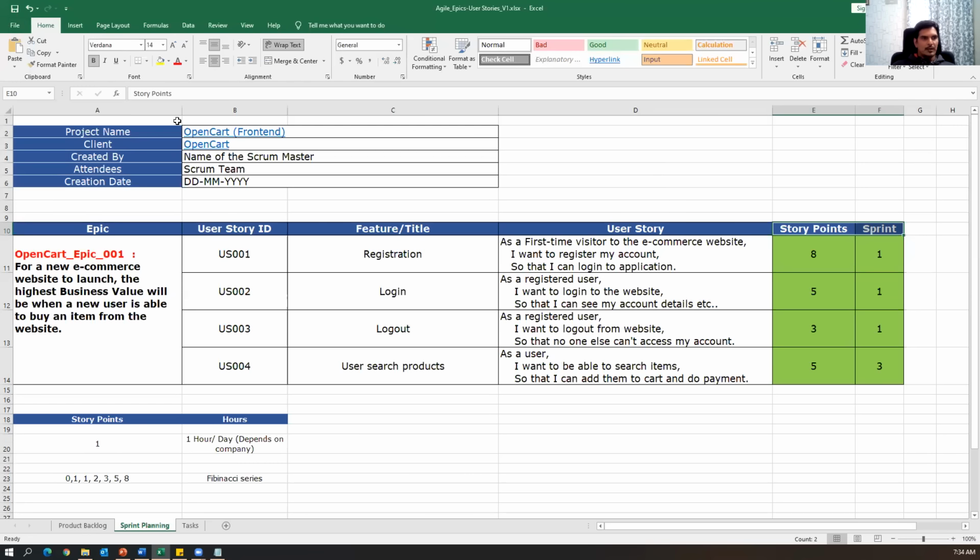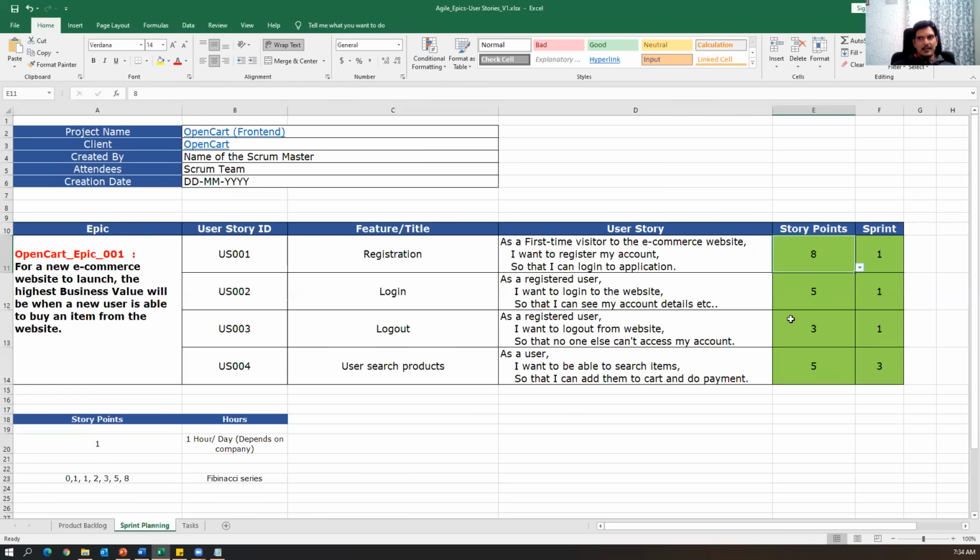So what does a story point mean? A story point is a rough estimation, as I have told you, and this number should be given only as a Fibonacci number. We should not give random numbers like 2, 5, 6. We normally give a number that comes under the Fibonacci series. One story point is equivalent to either 1 hour or 1 day, depending on the company.